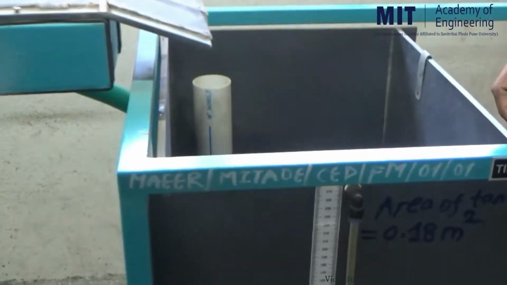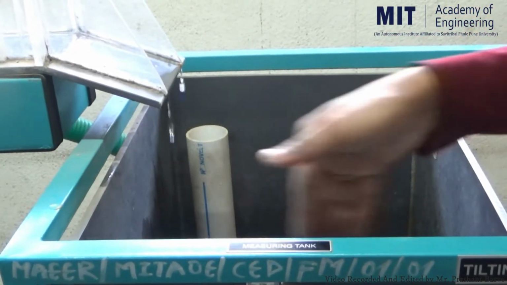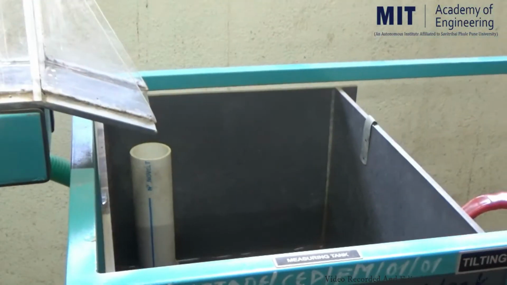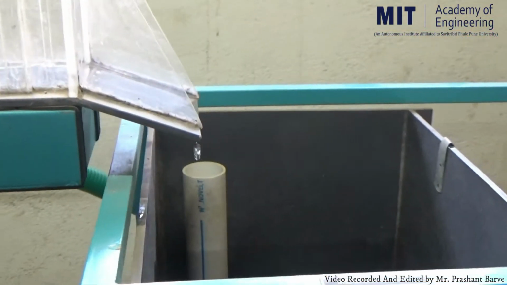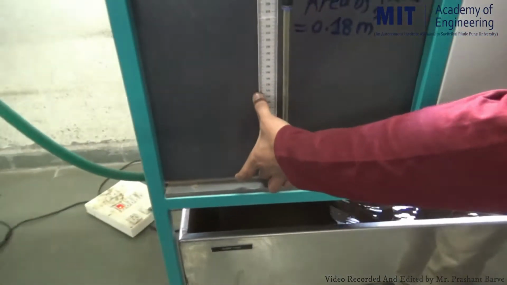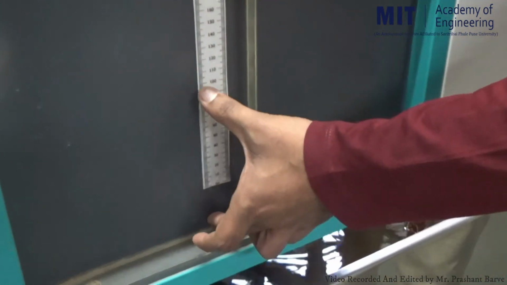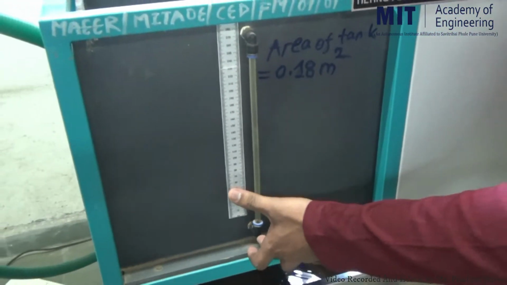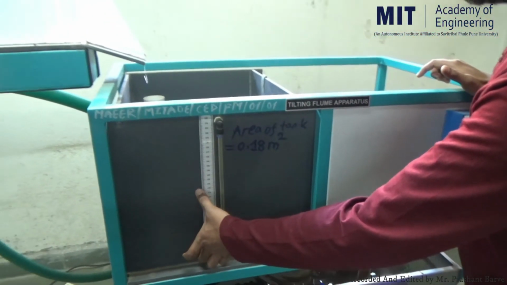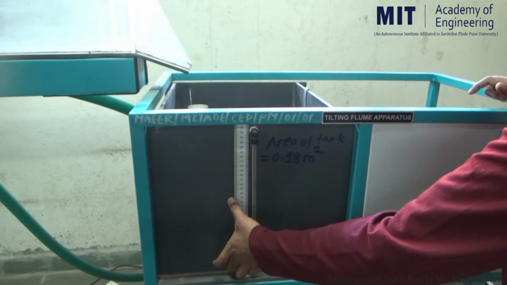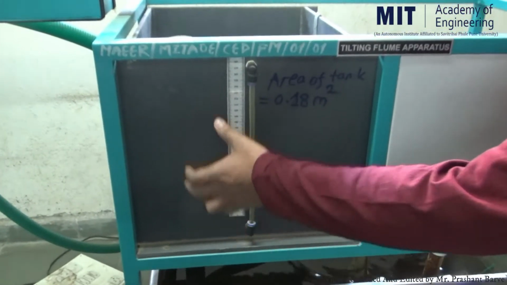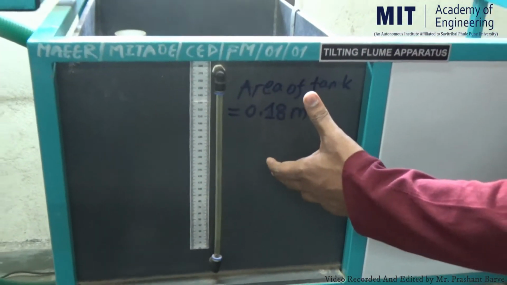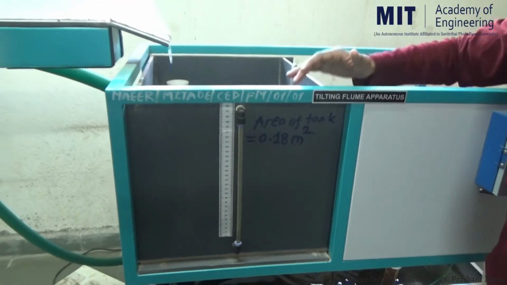You can measure the width and length of the tank with the scale, so you will have the cross-sectional area and the time taken to collect the water. To measure the depth of water in the measuring tank, we have inserted one piezometer. By using this, we can calculate how much water is collected in the measuring tank in a given time. Area into depth gives the volume. If we divide that volume by the time taken, it gives us the actual discharge flowing through this channel section.